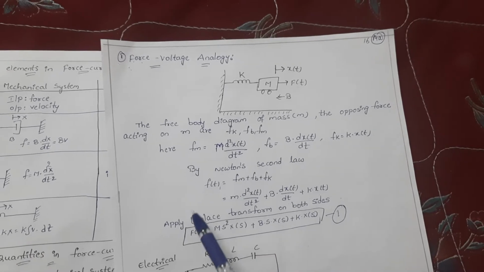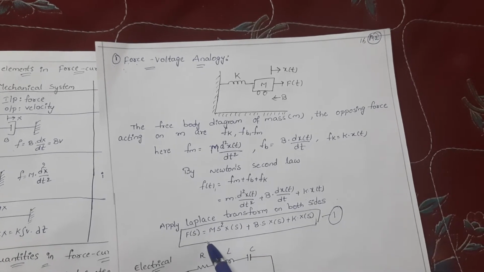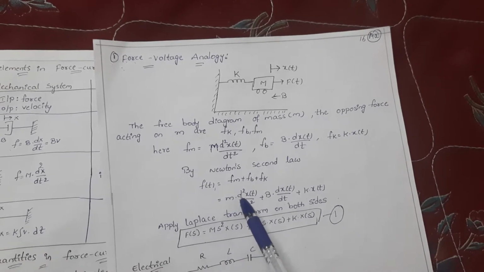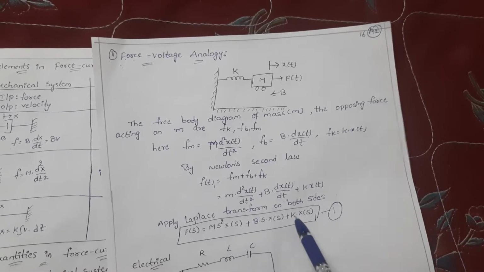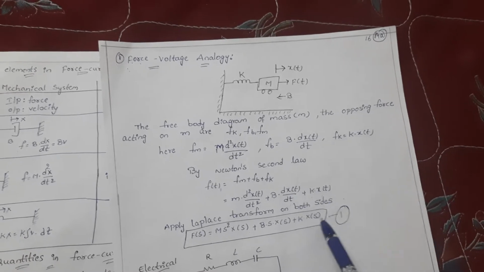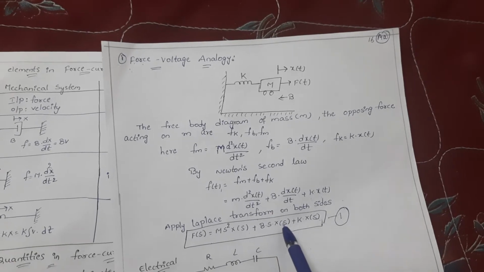But when you are taking the Laplace transform, it changes to F of s is equal to m into s square into X of s plus b into s into X of s plus k into X of s. So up to here, it is as usual mechanical translational system. Now comes the force voltage analogy.